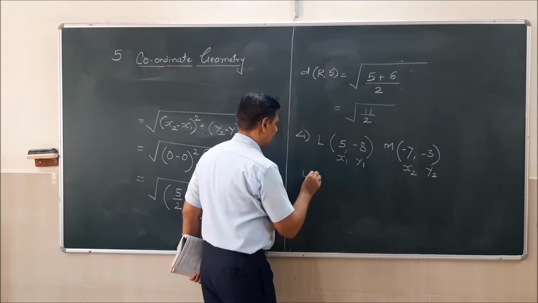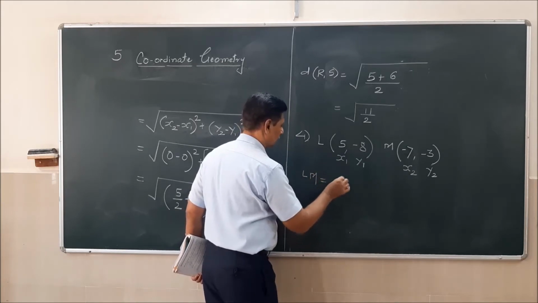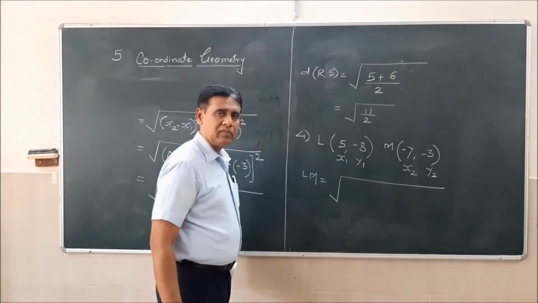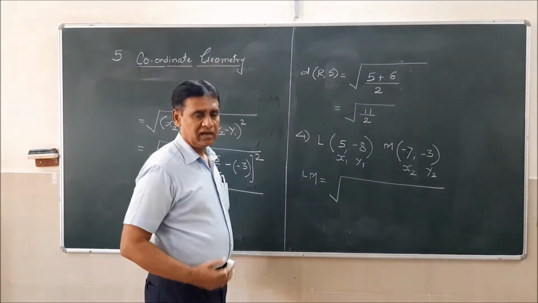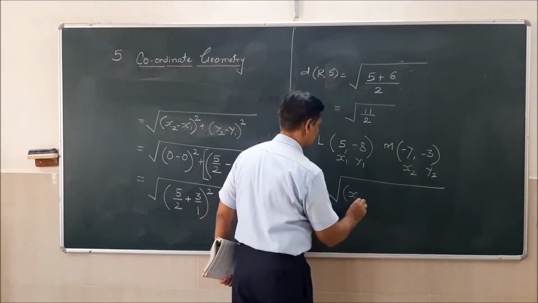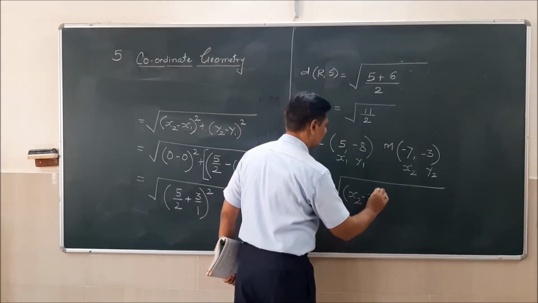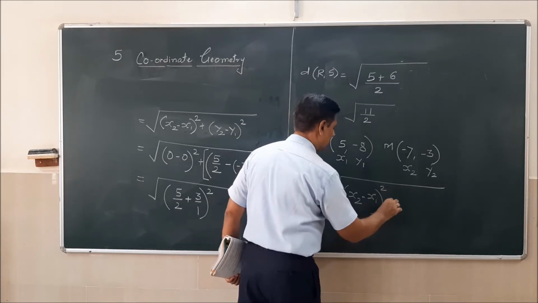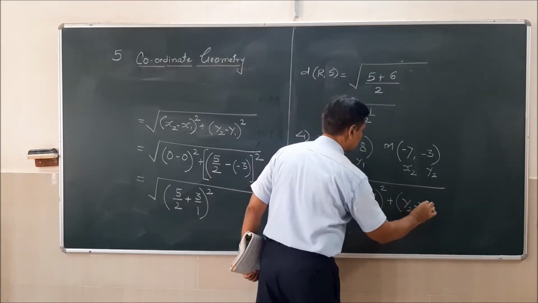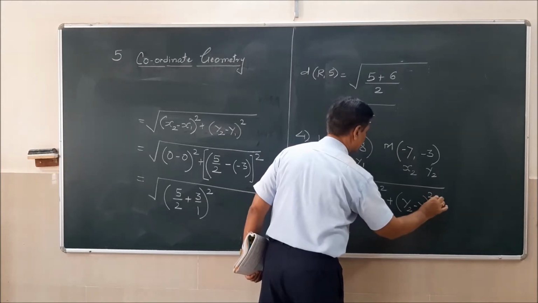So distance LM is equal to the same form: x2 minus x1 the whole square plus y2 minus y1 the whole square.